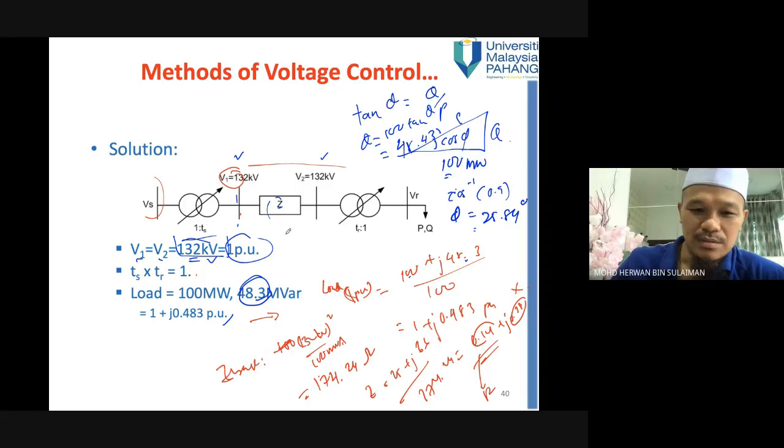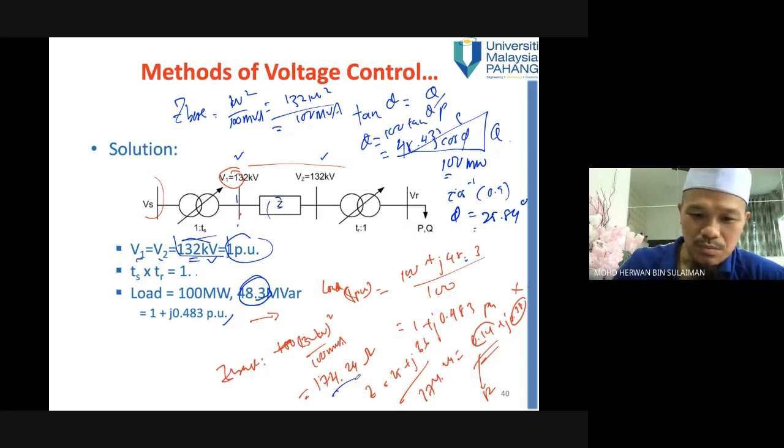And then to get your Z in per unit, you need Z base. Z base equals kV squared divided by MVA, right? So your kV is 132 kV squared divided by 100 MVA. So you get 174.24. Then you can find your Z in per unit.